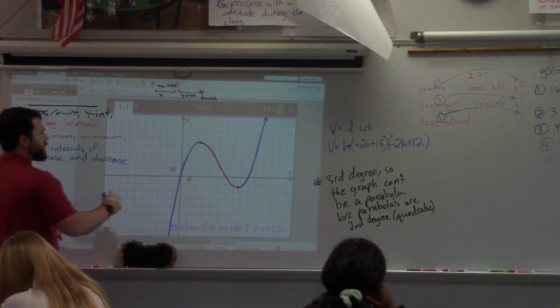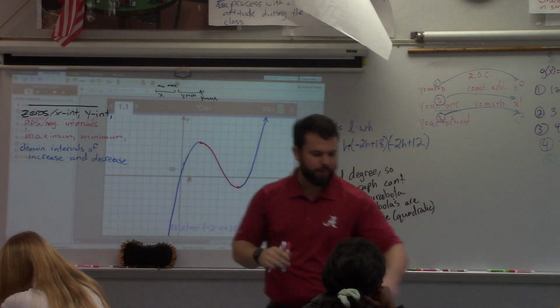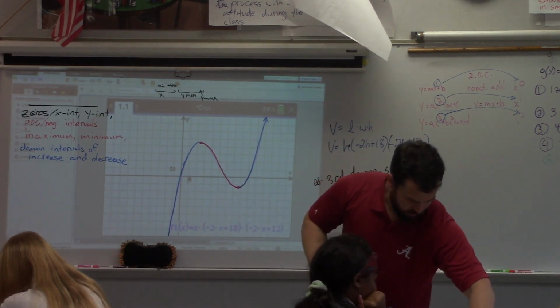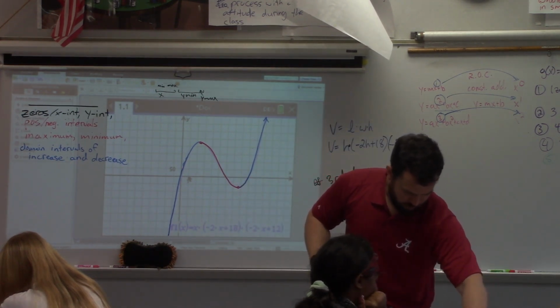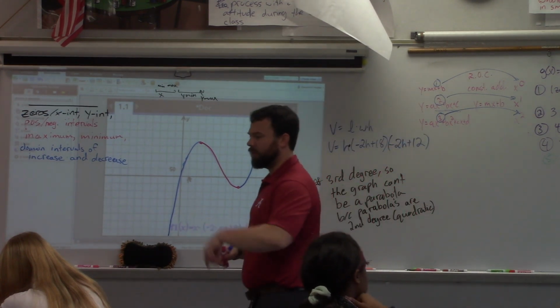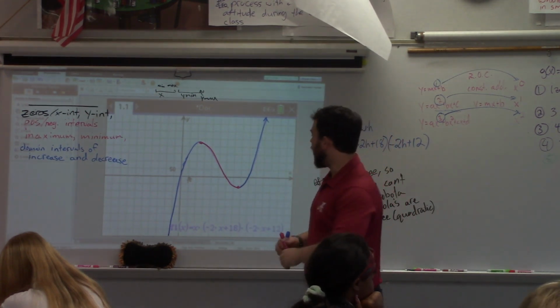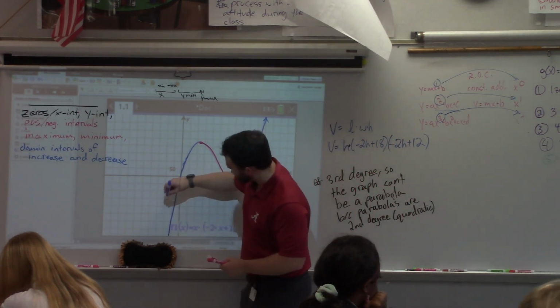Those are features we want to notice, okay? I would write this on there because I believe they have a graph on the next page in the book. I would go ahead and flip my page over. I would make a note where it has an interval of increase, right?